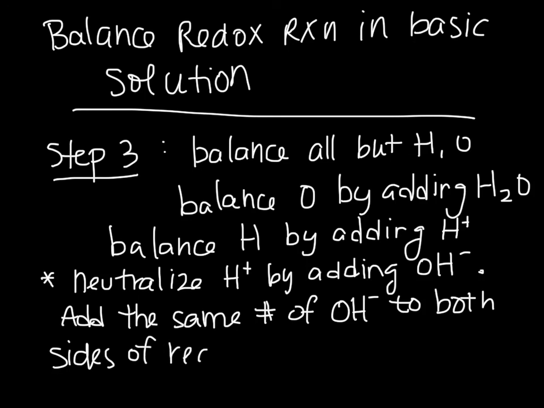And this will keep the balance of hydrogen and oxygen that we have just established the same. So that's the only difference in how to balance a redox reaction for a basic solution.